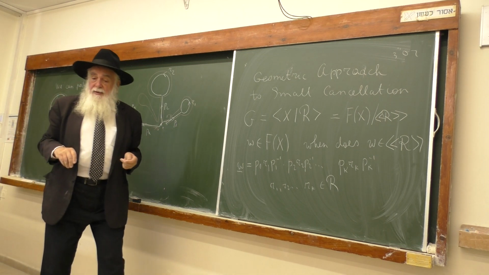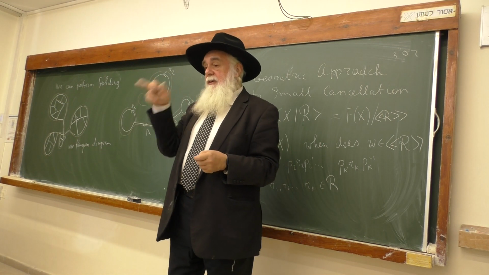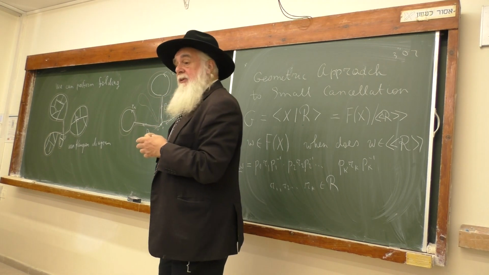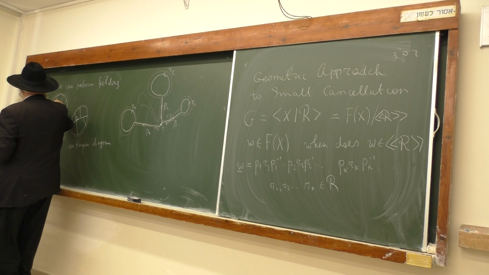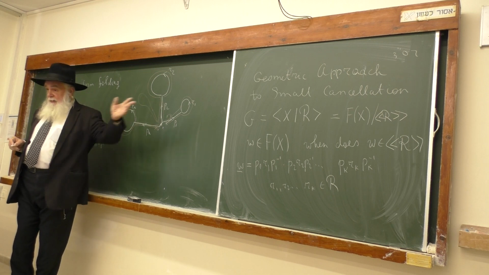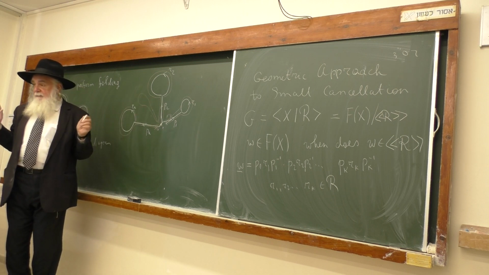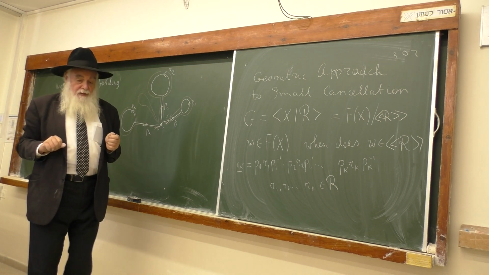Let me recall that we assume that the set R is closed under cyclic words and under inverses. So it doesn't matter where we start. In any way, if we read the boundary of the inner cell, we read just a relator from R.